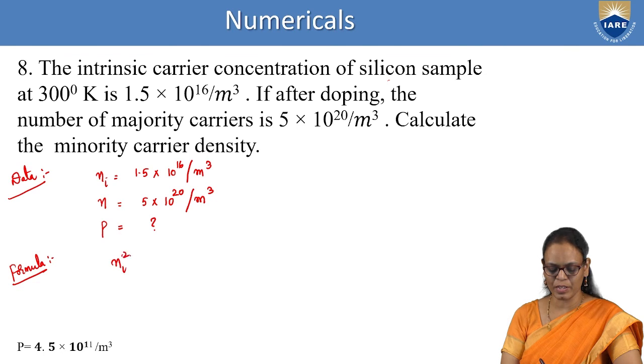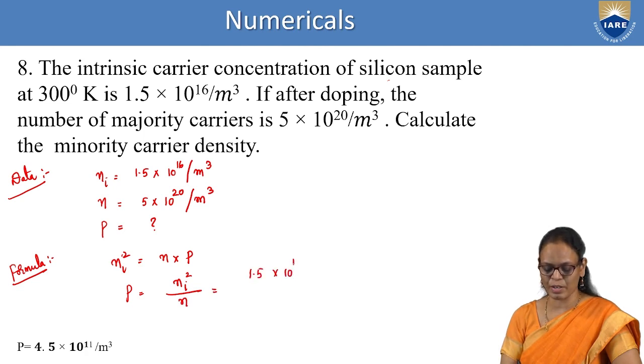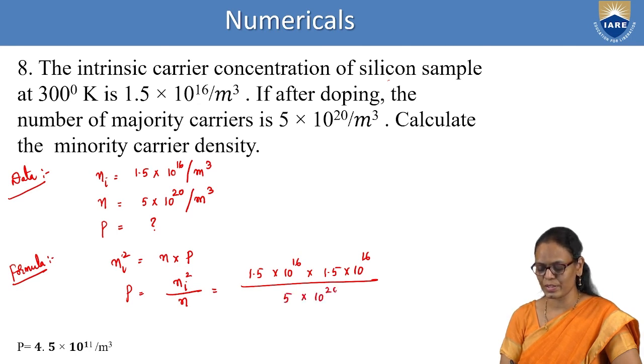So the formula, Ni square is equal to N into P. We have to find P here. P is equal to Ni square upon N. So what is the value of Ni square? 1.5 into 10 power 16 into 1.5 into 10 power 16 divided by 5 into 10 power 20.